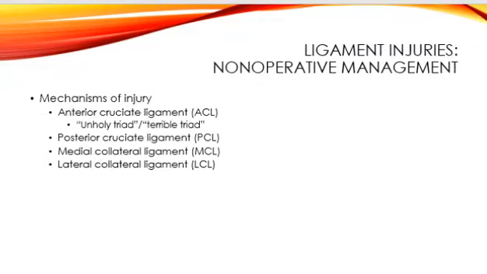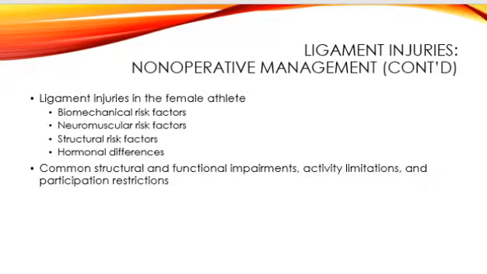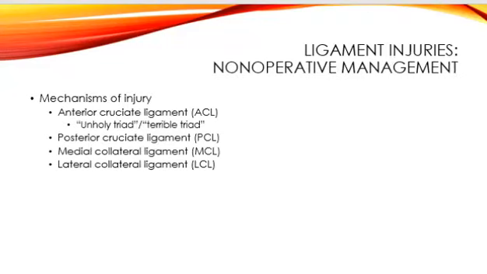Just going to go on down. So now talking more about the ACL, PCL, MCL, LCL. We talked a lot about the mechanism of injury in 150, so make sure you look over that. And we're going to talk more about what that looks like postoperatively, looking at protocols. I know this is talking about non-operative.